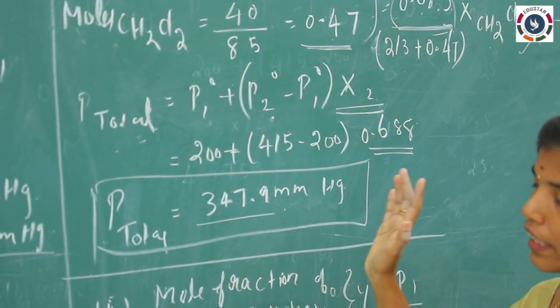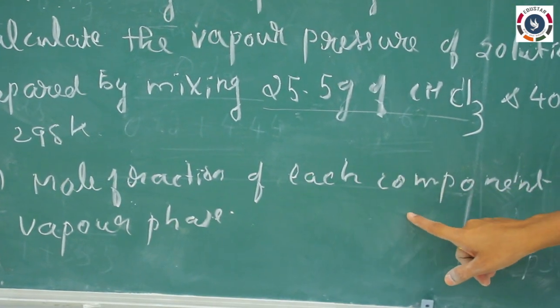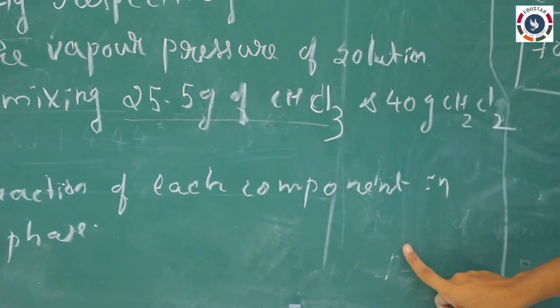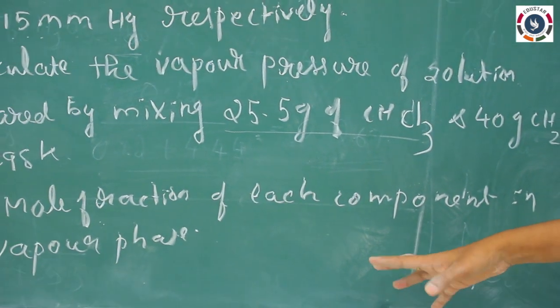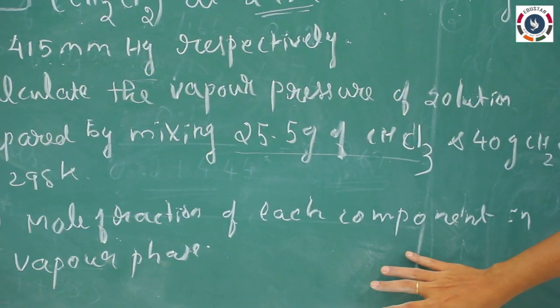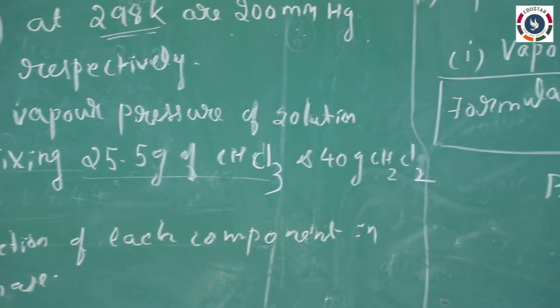Now moving to the second question. Mole fraction of each component in vapor phase. They asked to find the mole fraction in the vapor phase, not as a normal thing. For finding the mole fraction in the vapor phase, there is a formula.